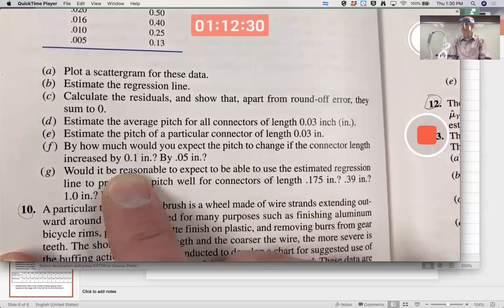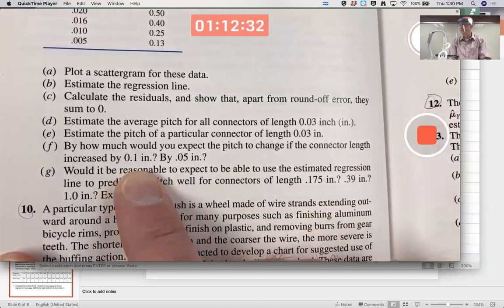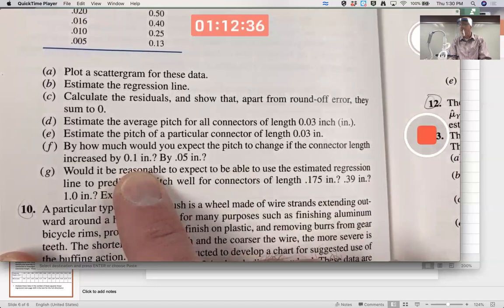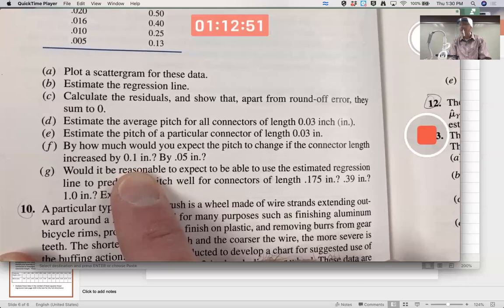If x increases by 0.1, you can even say this is a pre-calculus problem. How much does y increase by? Along a line, if delta x is 0.1, what's delta y? Change in x is 0.1, what's the change in y?